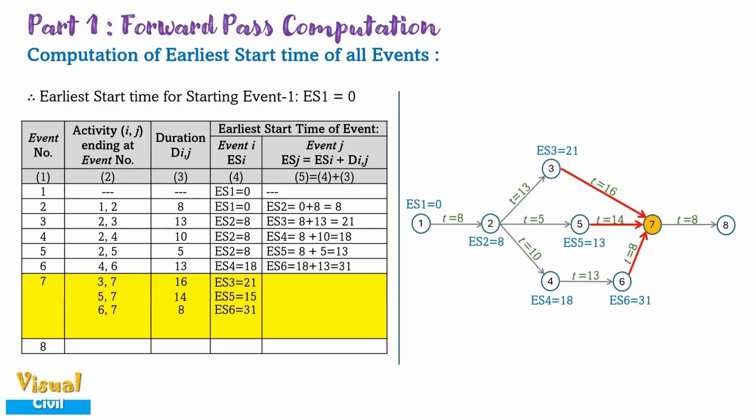Now, compute the early start time of event 7, that is ES7 for activity 3-7. This is equal to 37. For activity 5-7, ES7 is equal to 27. And for activity 6-7, it is equal to 39. Select the maximum value among these three values. Hence, the early start time of event 7 is 39.